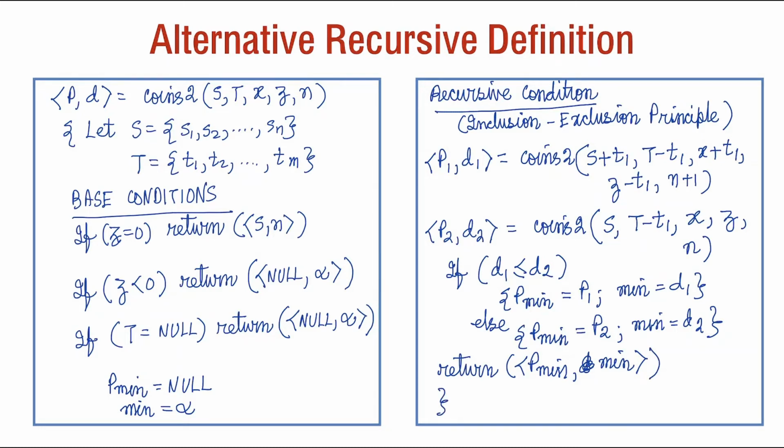So this is the alternative definition, and in this alternative definition, all we do is make sure that we are going to only choose one side and the other side. So let us just quickly run through our example.